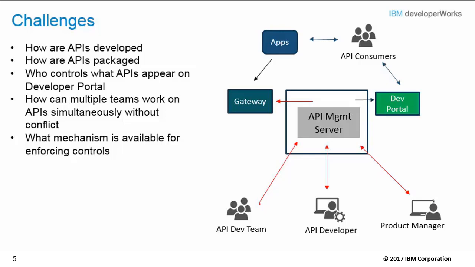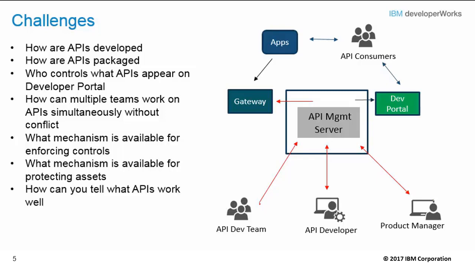What mechanism is available for enforcing the controls that need to be in place? What mechanism is available for protecting the various assets? How can you tell what APIs do and do not work? And how do you evolve these products? This presentation and this course will provide answers to these questions.